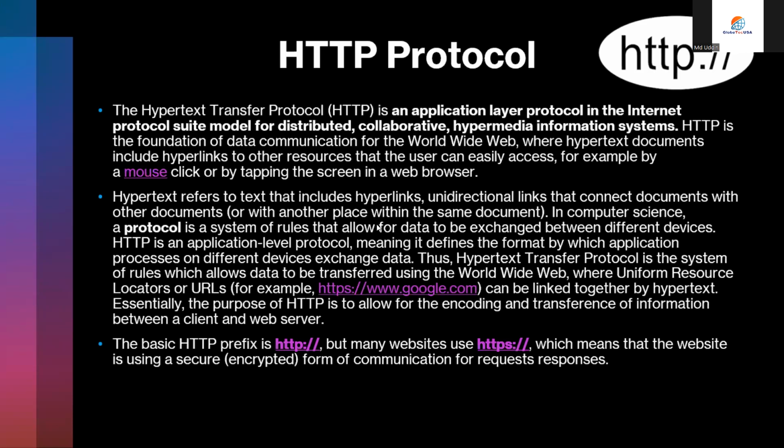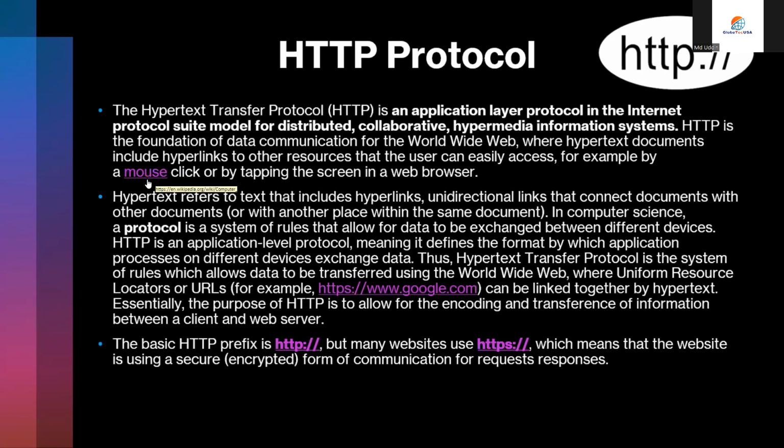So when you can see a link, right? When you click that link with the mouse or just tap it if you're using a touch screen, this protocol is responsible for opening that link. So if I'm opening "mouse", the documentation on the mouse is on the web server.